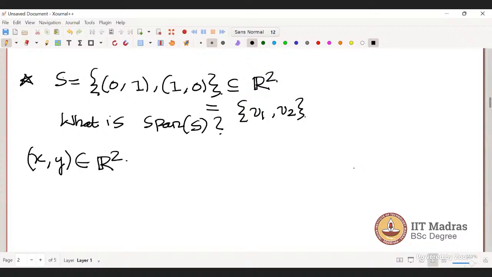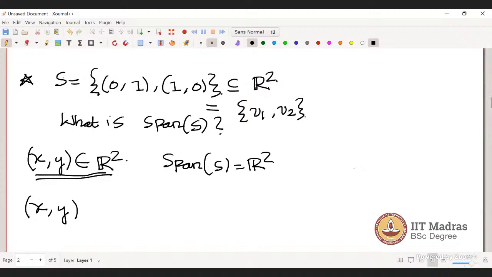So I'm taking an arbitrary element of R2. To show that span of S is basically R2, I need to show that if I pick any arbitrary element of R2, then I can write this element as a linear combination of the elements of S. So if I take (x, y), then (x, y) is basically y into (0, 1) plus x into (1, 0).